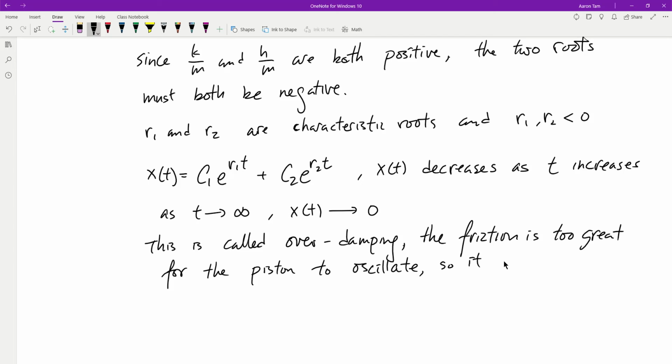So it just slowly returns to the equilibrium position, which is represented by x equal to 0.